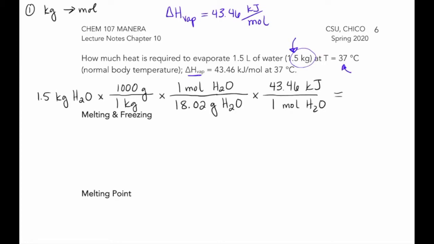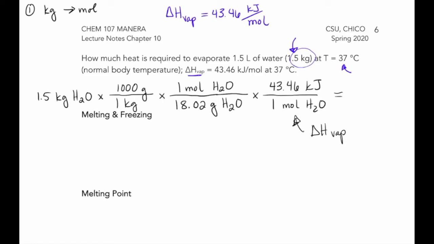So my heat of vaporization goes in as a conversion factor. And when I do this, I'm going to run the calculation through. I get, let's see, 1.5 times 1,000 divided by 18.02 times 43.46.